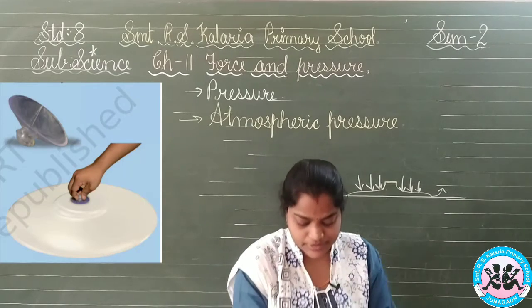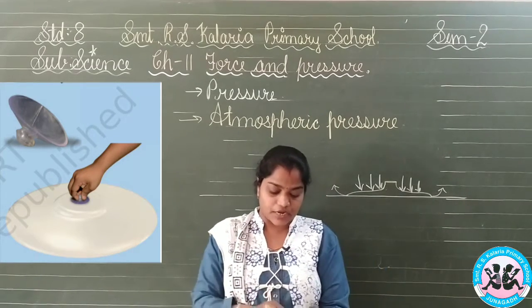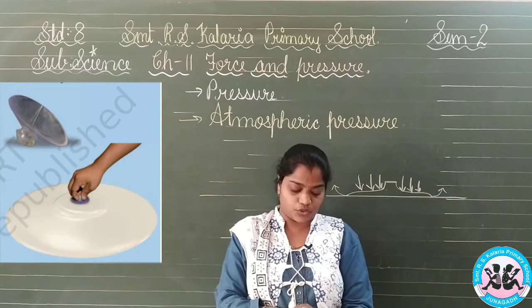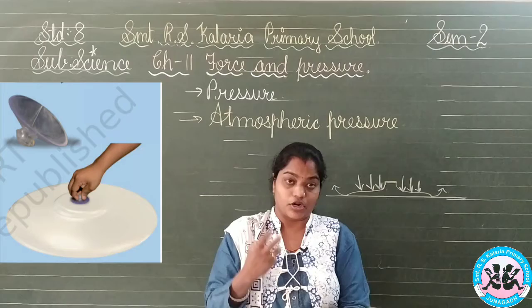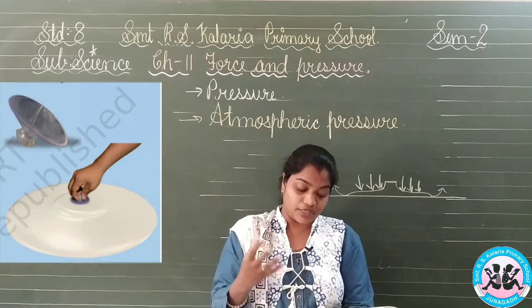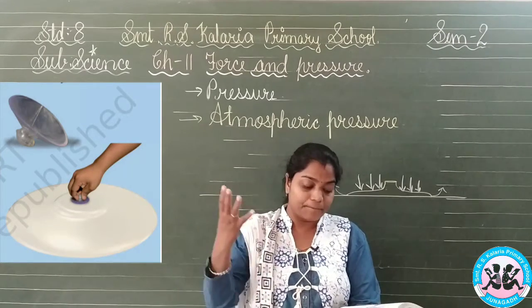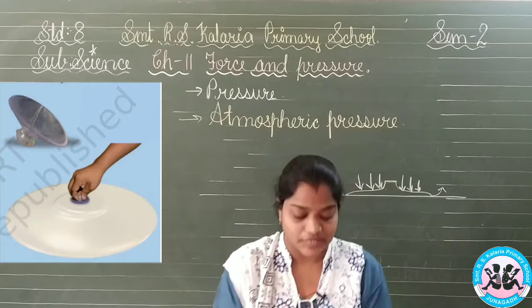Understand? So here it is given that the reason we are not crushed under this force of gravity is that the pressure inside our bodies is also equal to the atmospheric pressure and balances the pressure from outside.